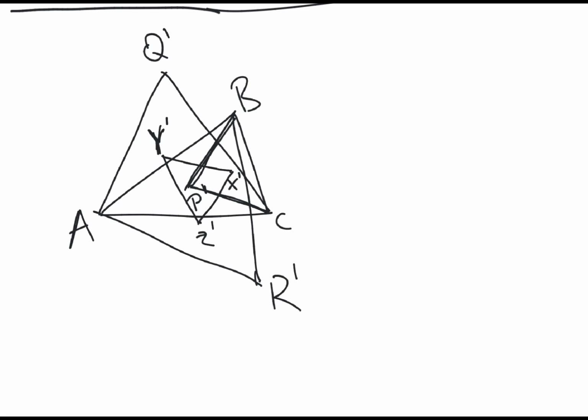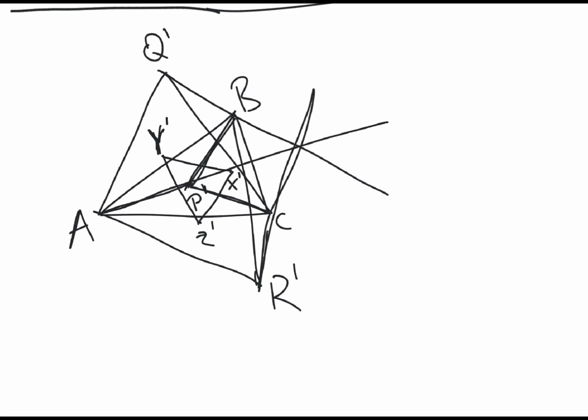So again, we consider the lines A P prime, B Q prime, and C R prime. So they all three intersect at a single point, which we will denote T prime. I guess we could denote T2, but it doesn't matter, T prime, since we already denote all points with prime.